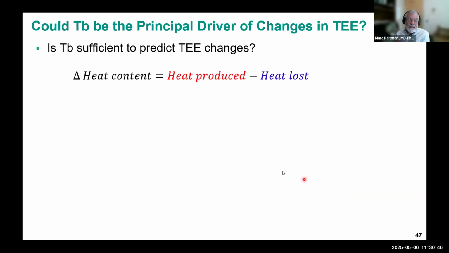And so one of the ways we explored that is said, okay, does a change in body temperature predict changes in energy expenditure? And so we just did, and I took out all the math, but we just said, okay, there's a change in heat content, which is simply due to the change in heat produced minus heat loss.